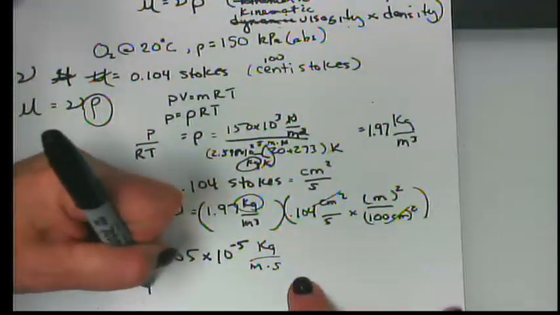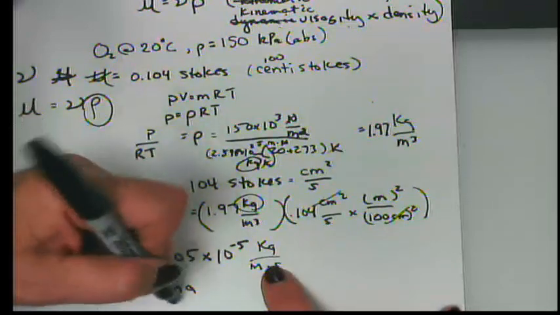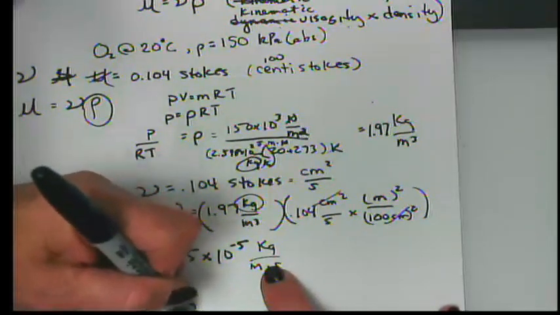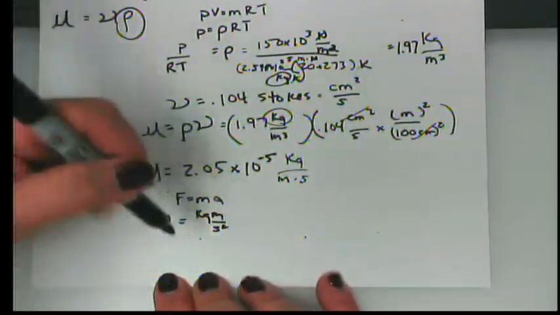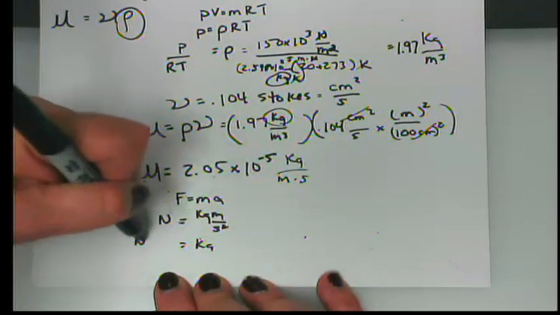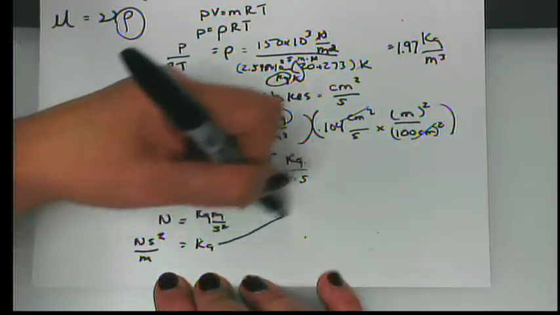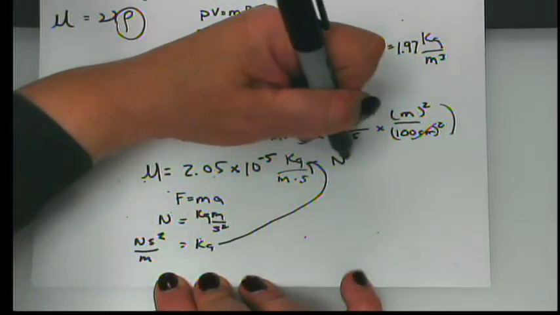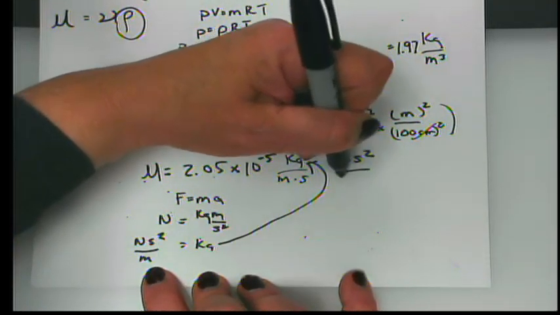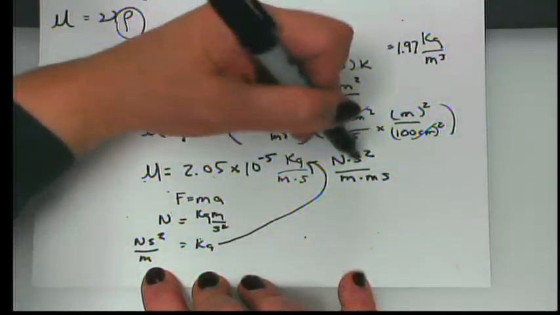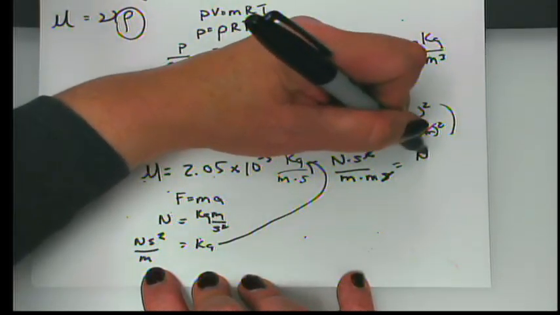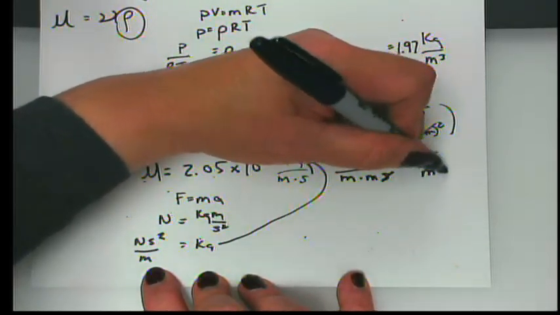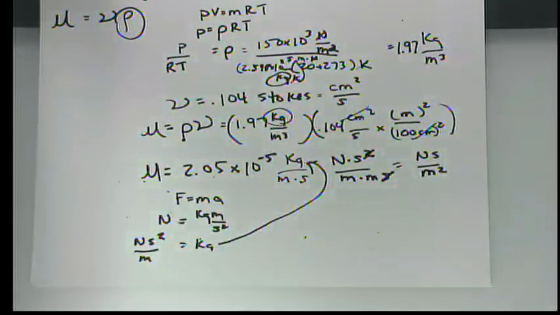So if we go back to Newton's second law, force is equal to mass times acceleration, kilogram meter per second squared is a Newton, or a kilogram is a Newton second squared per meter, and I substitute that here, I get Newton second squared per meter times meter second, and this cancels this, and I'm left with Newton second per meter squared. And that's a good unit for dynamic viscosity.